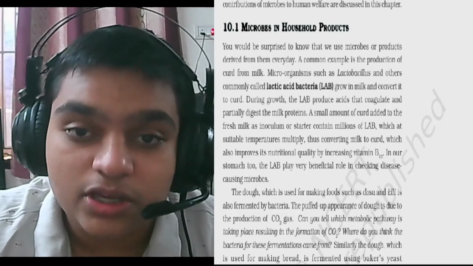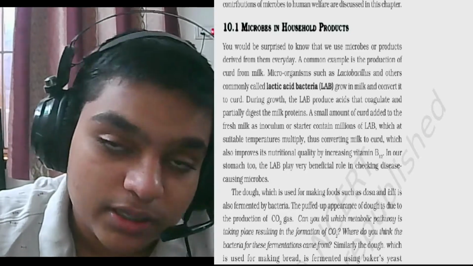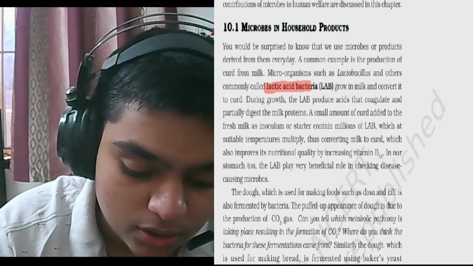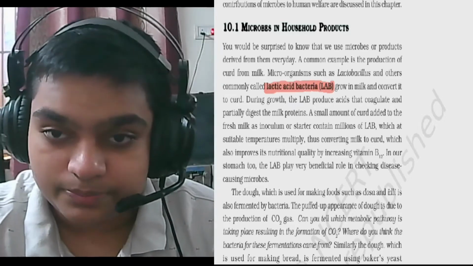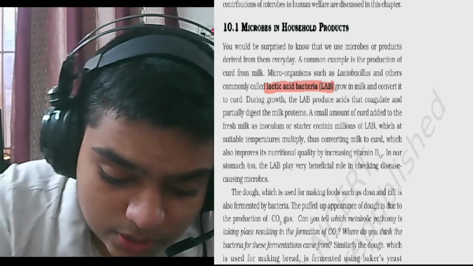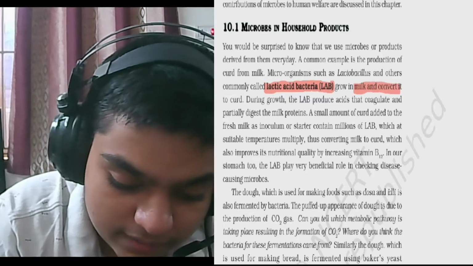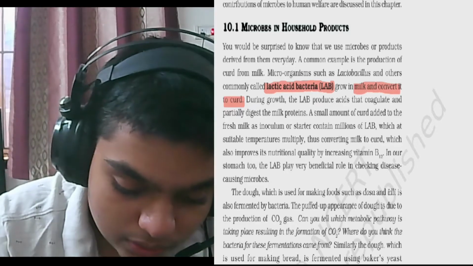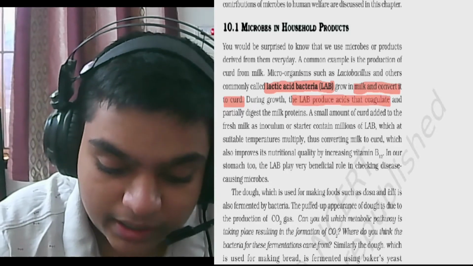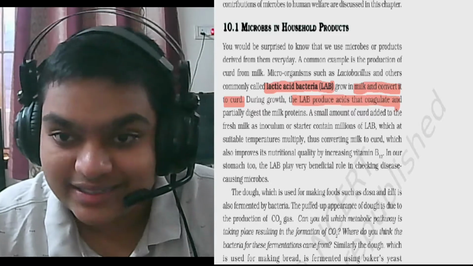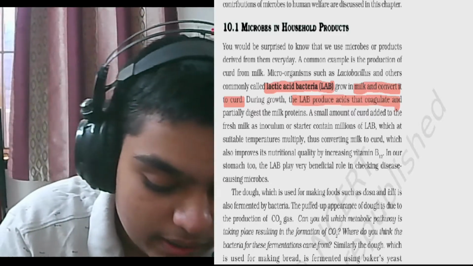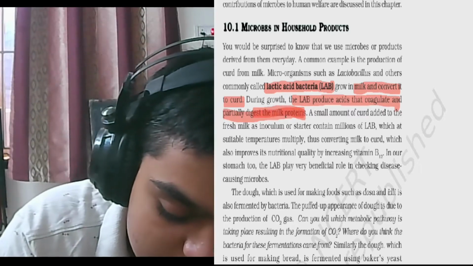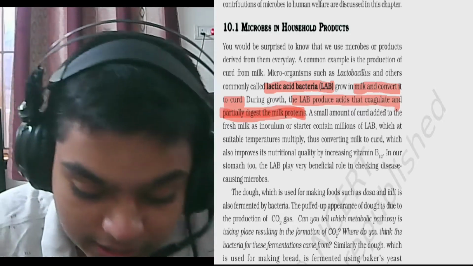So we cannot think all microbes are harmful, but there are helpful microbes, such as LAB, lactic acid bacteria, which grow in milk and help in the conversion of milk to curd, as we have discussed. During growth, LAB produce acids, lactic acid, which coagulate and partially digest milk proteins. This is a very important point.